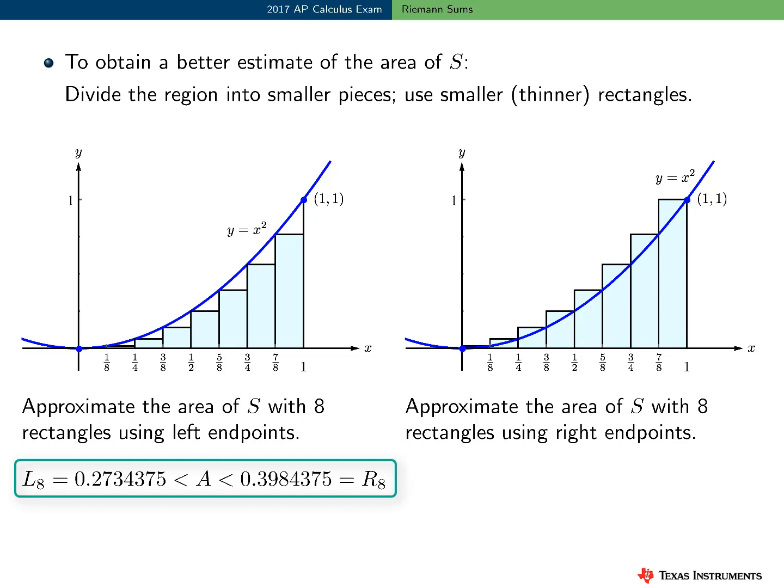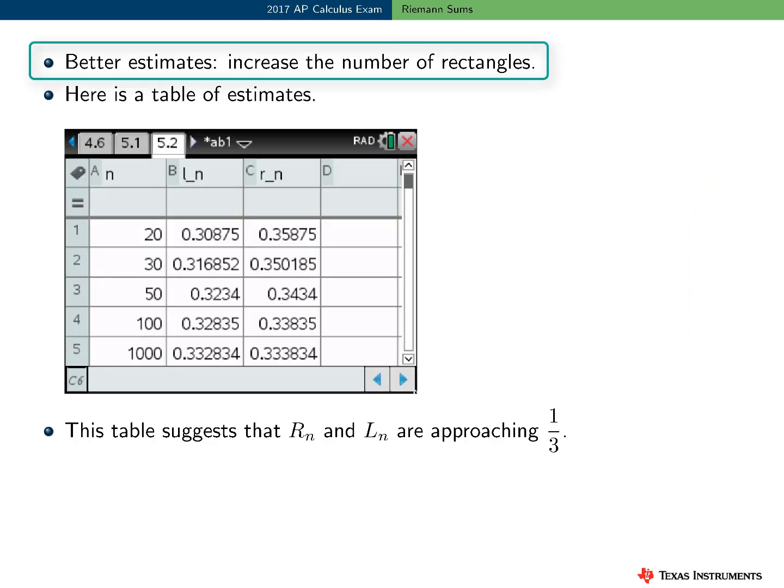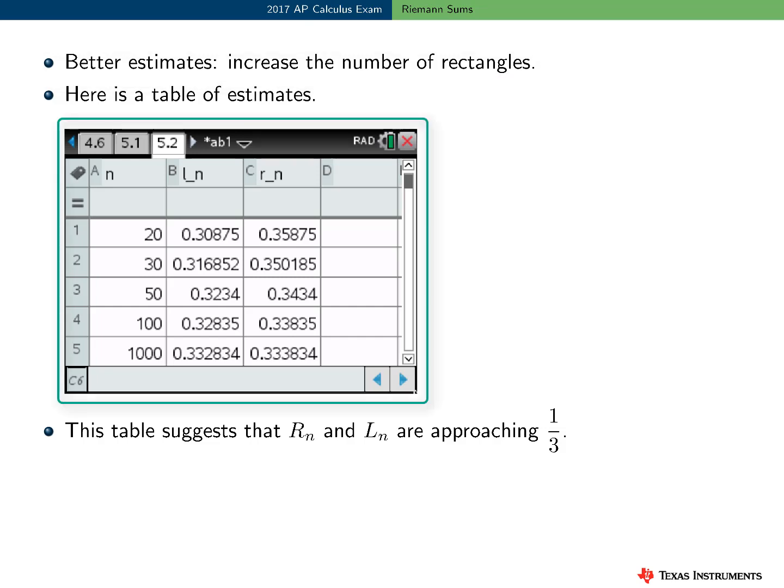The sum of the areas of the smaller rectangles, L sub 8, and the sum of the areas of the larger rectangles, R sub 8, provide better lower and upper estimates for the area of the region S. We can obtain even better estimates by increasing the number of subregions, or equivalently by increasing the number of rectangles.